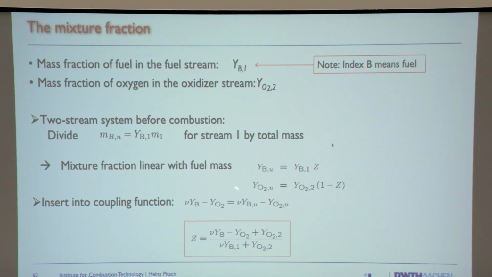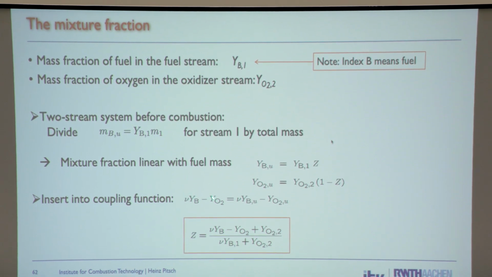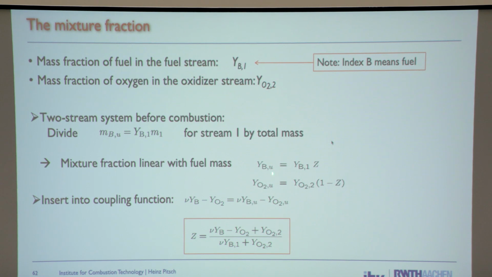And now, this is fuel mass fraction, oxygen mass fraction, and this is the same in the unburned, before it burned. And now I just plug these in here, and I introduce this Z. I can solve this for mixture fraction, and this is what I get, okay?